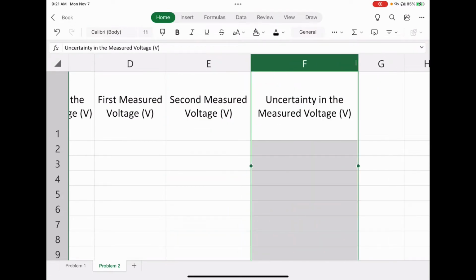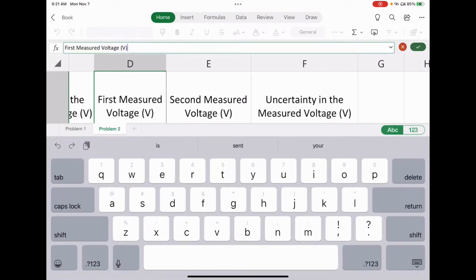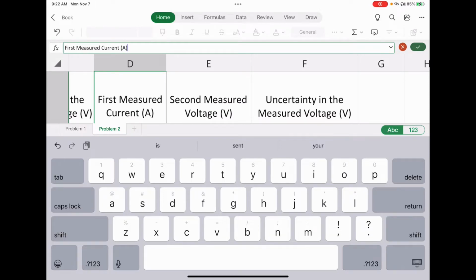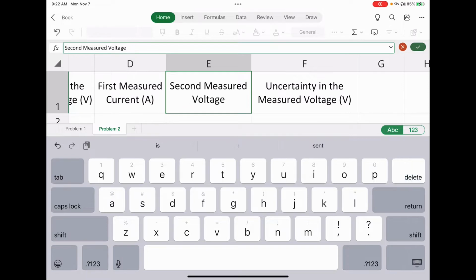All right. So hopefully you guys understand what I'm saying. So this is going to be, and I can just delete all of this. This is current. And I want this in amperes. And again, current.